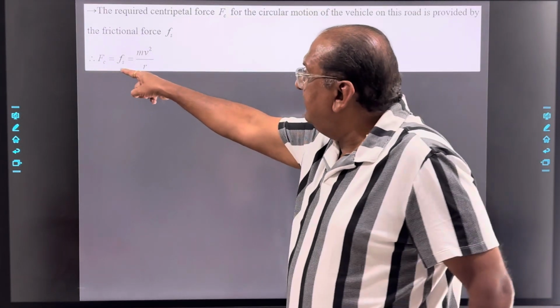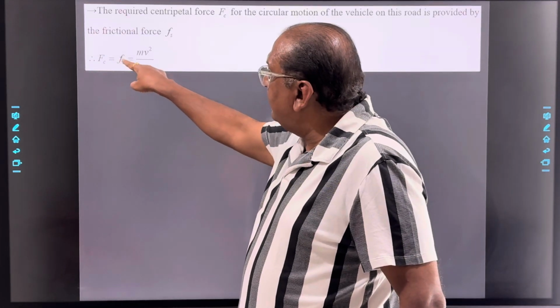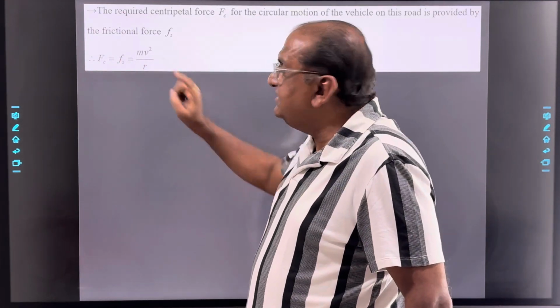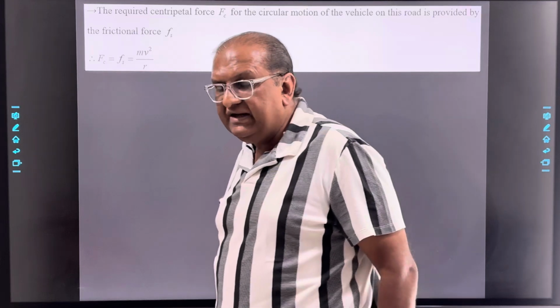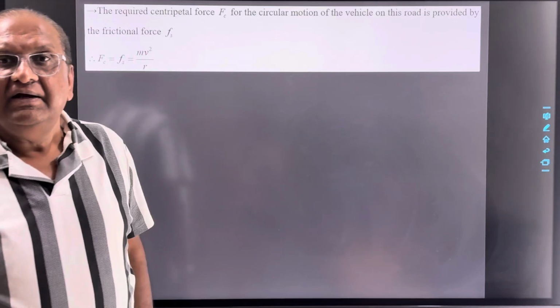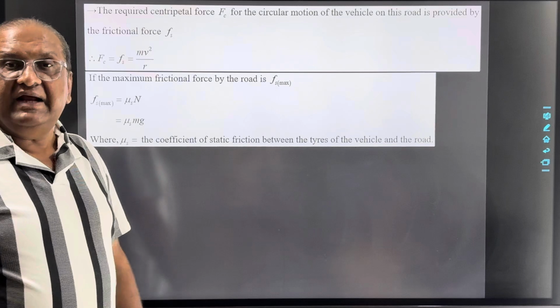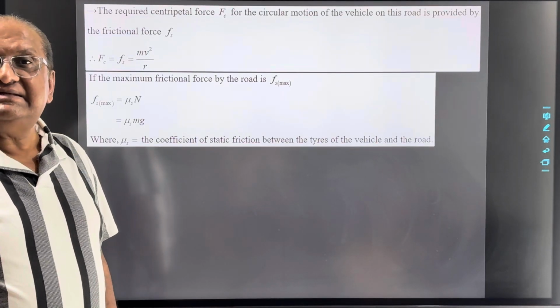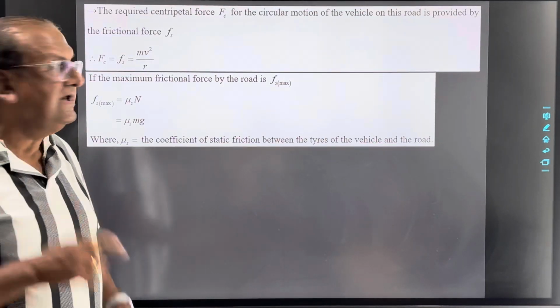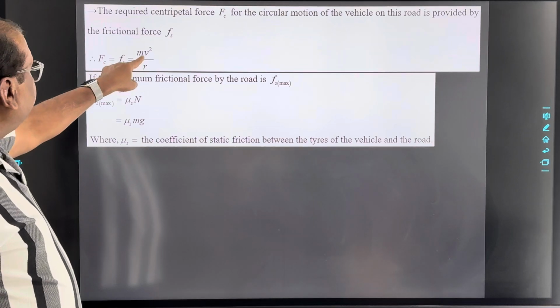So we can say centripetal force will be provided by static friction, that is mv square by r, right?